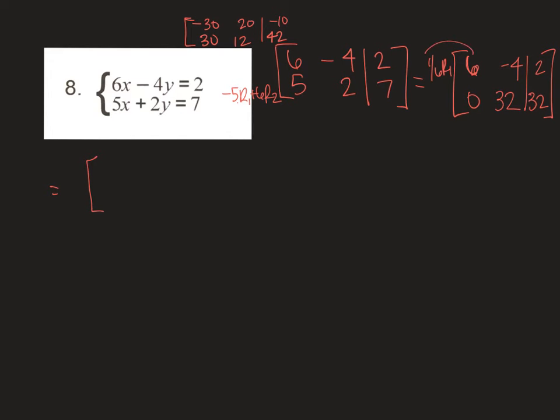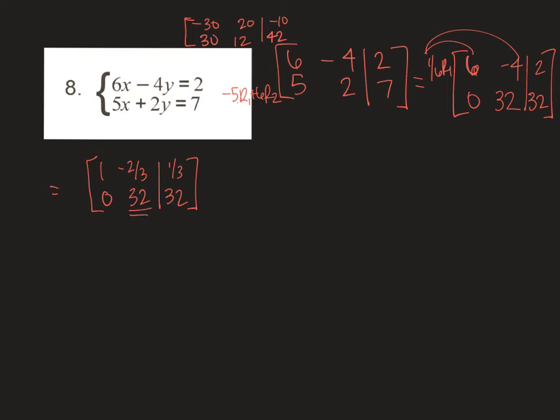So 1/6 times 6 is 1. 1/6 times negative 4 is negative 4/6, which is going to simplify to negative 2/3. And 1/6 times 2 is 2/6, which simplifies to 1/3. And my second row stays the same.